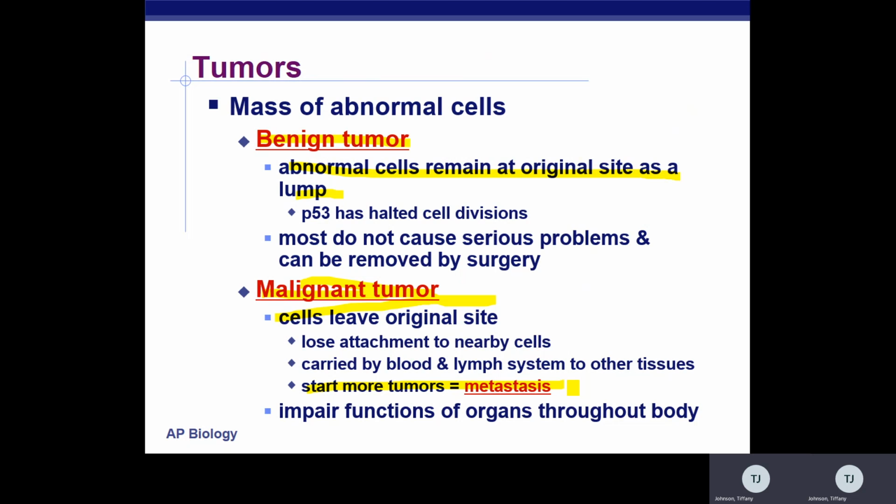It can go up to the brain, the liver, or other places and begin to grow in other places. Okay, so that's a malignant tumor.